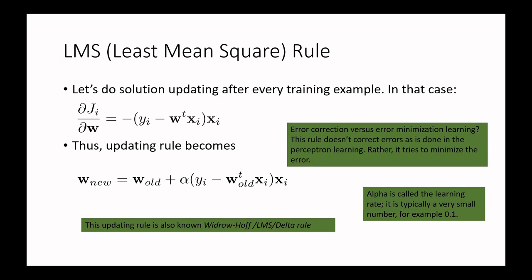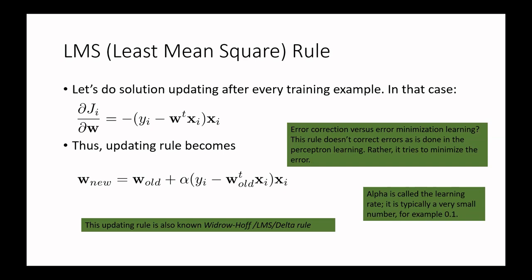This rule has a couple of different names. It's called the Widrow-Hoff rule, which was proposed somewhere around 1962, about 60 years ago. It is also known as the LMS rule, least mean square rule, because that's what you're trying to do.